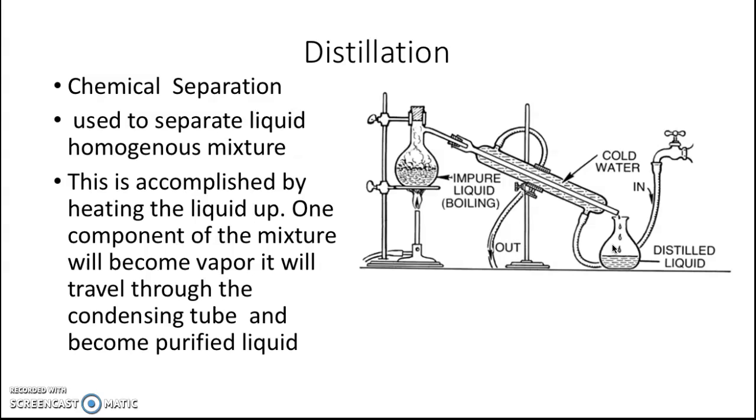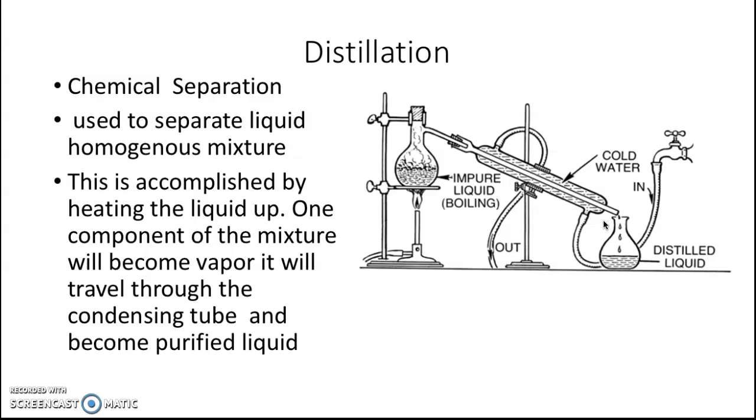So distillation is separating two liquid homogeneous mixtures based on boiling point. I'm going to go through a rundown of it again. The two liquid homogeneous mixtures are going to enter the flask.